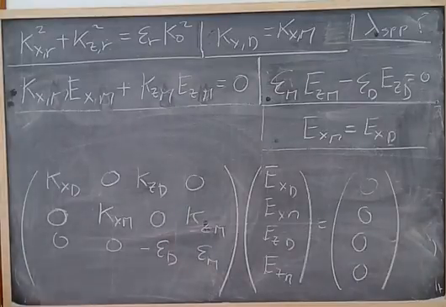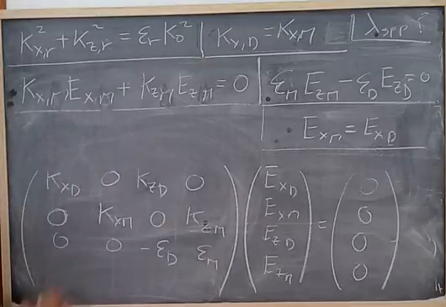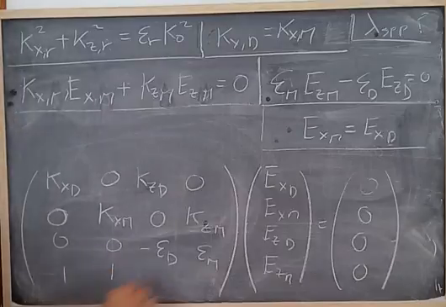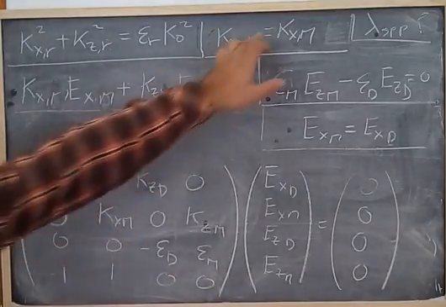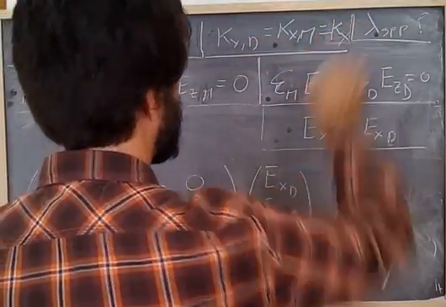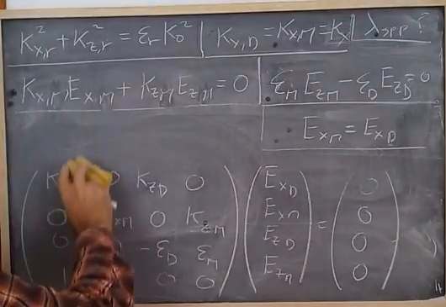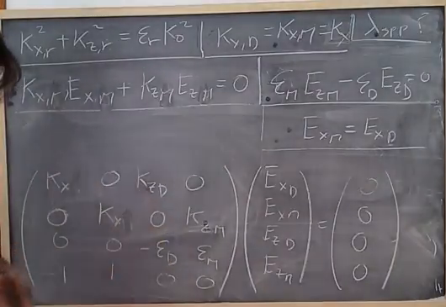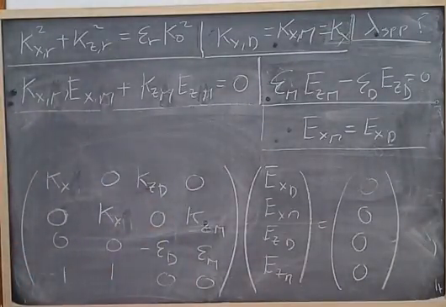And the last equation is epsilon minus 1, 1, 0, 0. If I apply this and call this simply Ex, I can remove this and this.